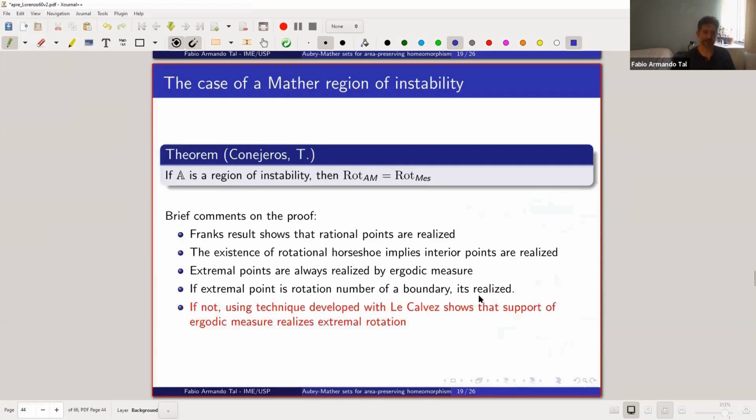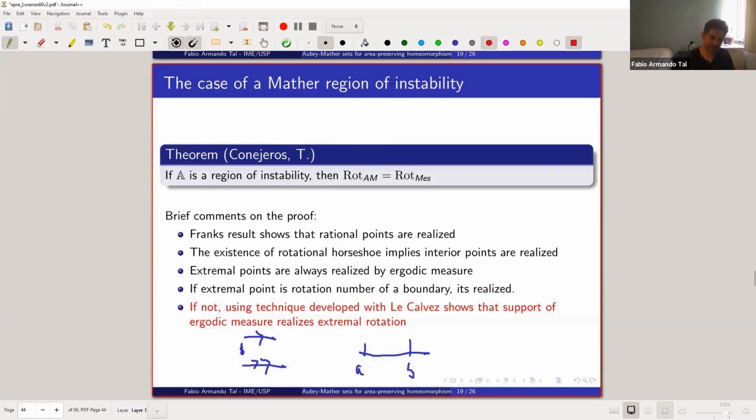If it's not, then using a technique we've developed with Patrice, this is the hard point, but just to give an idea, say that these two boundaries rotate with different speed, but larger, but I have some ergodic measure which rotates with some speed which is smaller than these two boundaries, and it's extremal, meaning the set of rotation numbers is going to be A, B.